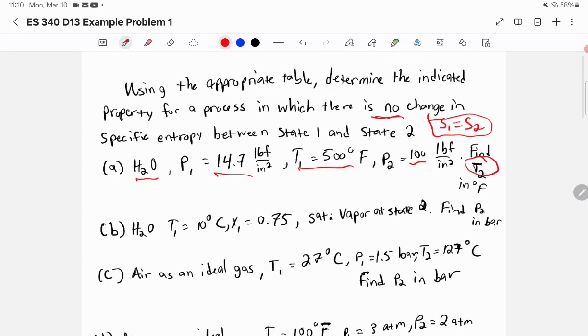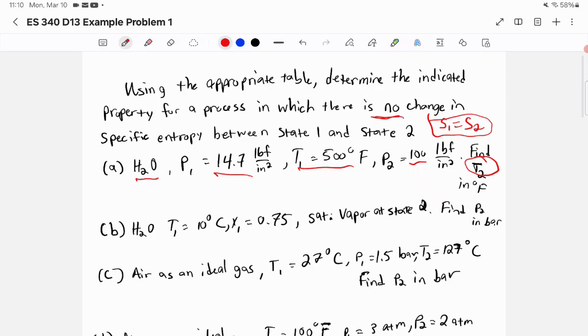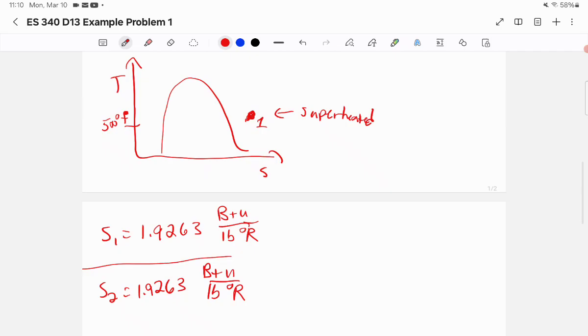Then they gave us a new, higher pressure of 100 pound force per inch squared, and we want to find the temperature. So we know two things. Remember, we always need to know at least two properties, and sometimes the wording tells us the second property. Sometimes we just have both properties. In this case, we have both: P2 is 100 pound force per inch squared, and we have S2.